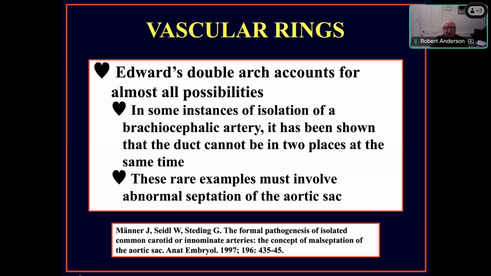And so it is Jörg Manner who has pointed out that in very rare instances we need to take into account the malseptation of the aortic sac, to explain the situation when the arterial duct cannot be in two places at the same time. And he first published this in 1997. Very recently, he has updated this concept involving abnormal septation of the aortic sac.